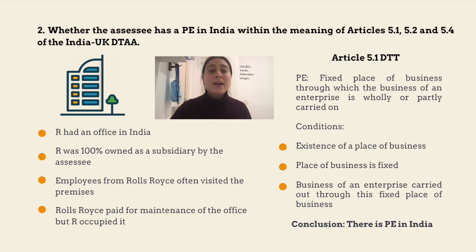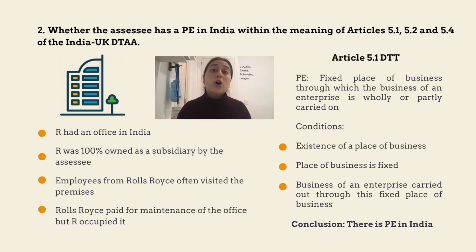I will now analyze another important question of this case, which is whether Rolls-Royce had a permanent establishment in India following Articles 5.1, 5.2, and 5.4 of the Double Tax Treaty between India and the United Kingdom. Going back to the facts of the case, we can recall that Corporation R had an office in India, more specifically New Delhi.